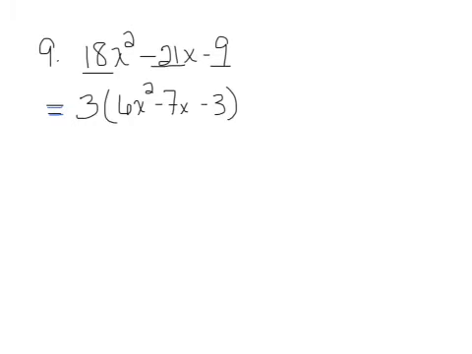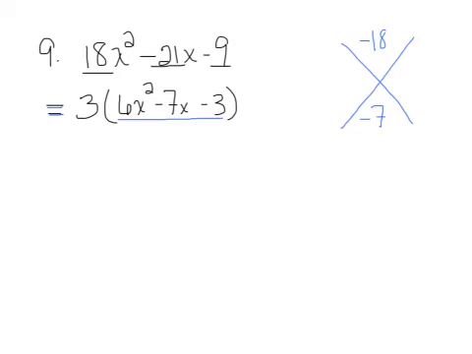So factor out your greatest common factor first, because now we are trying to factor this polynomial, 6x squared minus 7x minus 3. And I know that 6 times negative 3 is negative 18, and I'm looking for factors that will add up to negative 7.